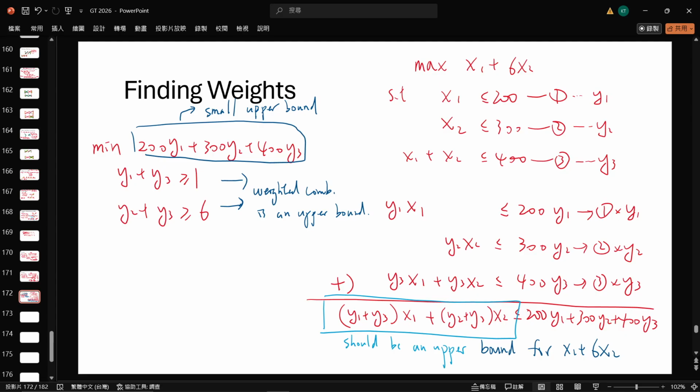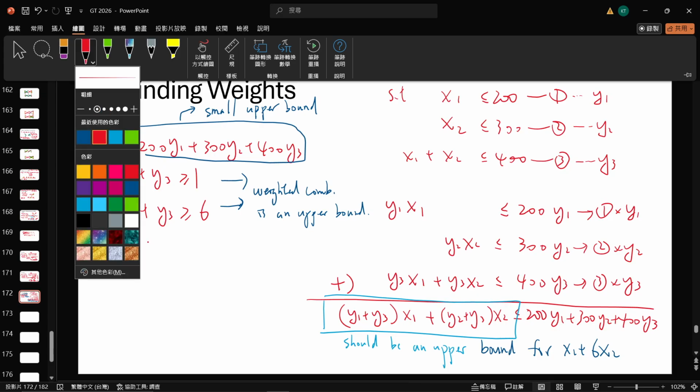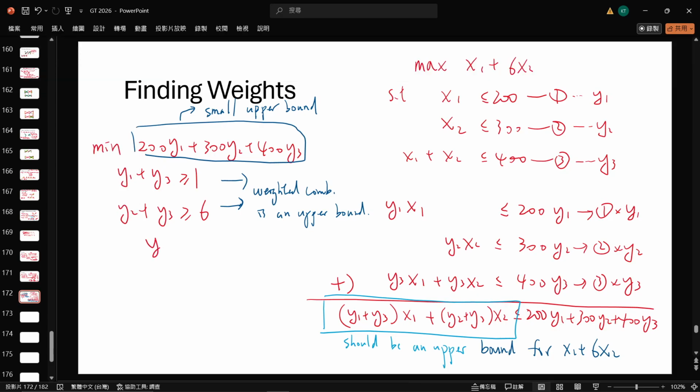And finally, we have to add the non-negative constraint. So all these weights must be positive, or zero.